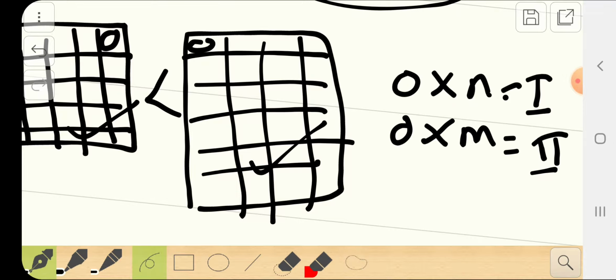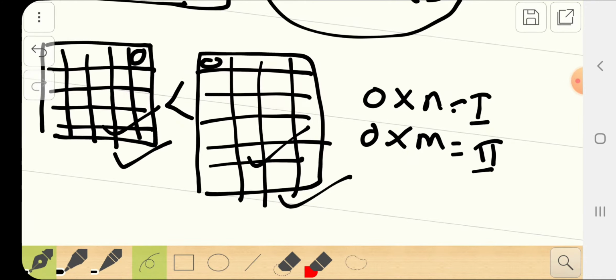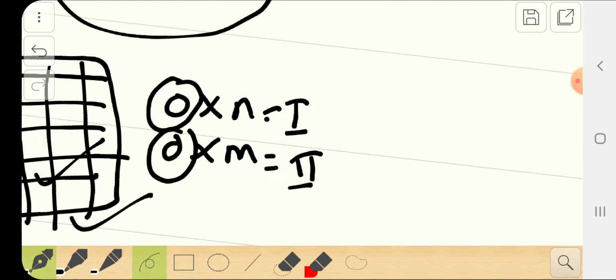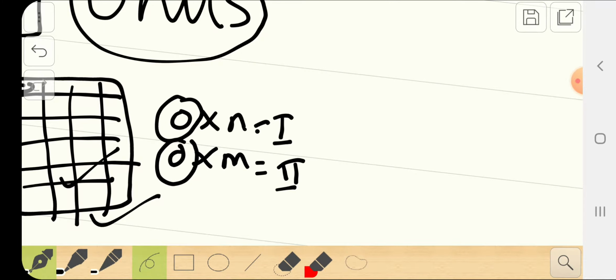If m is larger, you know that this is bigger. If n is larger, you know that this is bigger. That's how you compare. Units are used for this. The purpose of having a unit is to know which one's bigger.